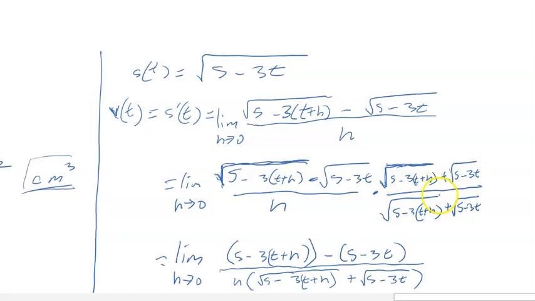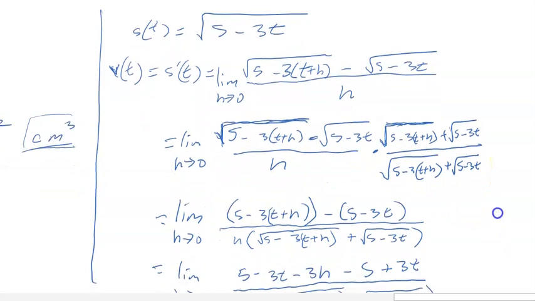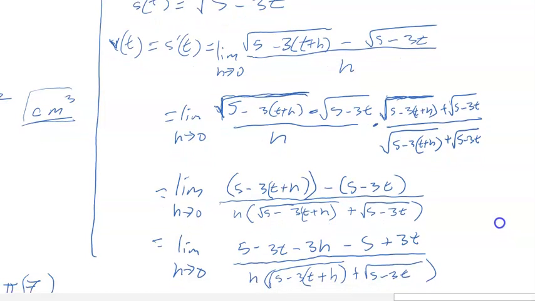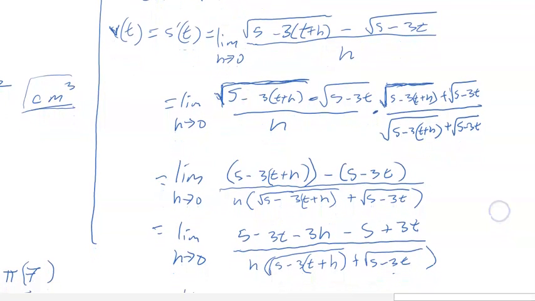And we also multiply by the same thing in the denominator, which is radical 5 minus 3 parentheses t plus h plus radical 5 minus 3t. Effectively, we are just multiplying the original by something over itself, which is just multiplying by 1. So we are not changing it, but we are doing some algebra to simplify it in such a way that we can get rid of this division by 0 problem.